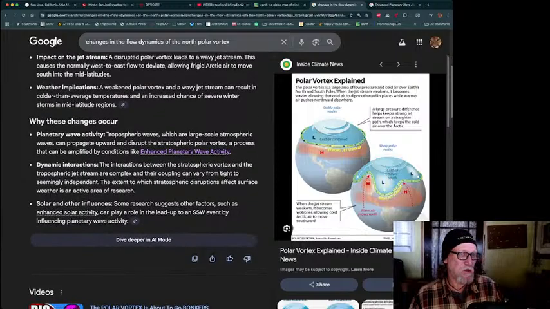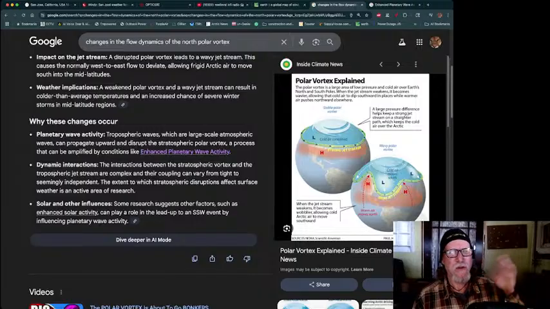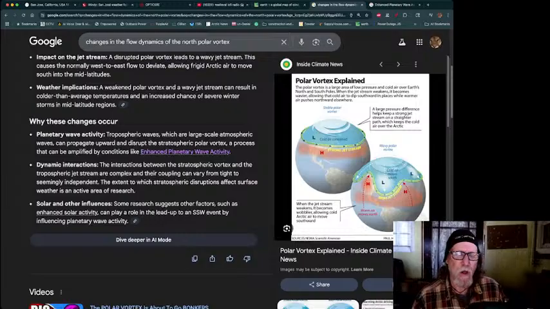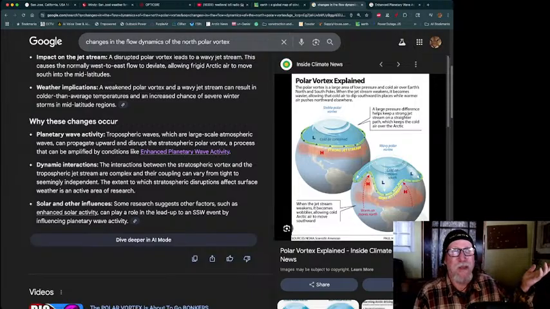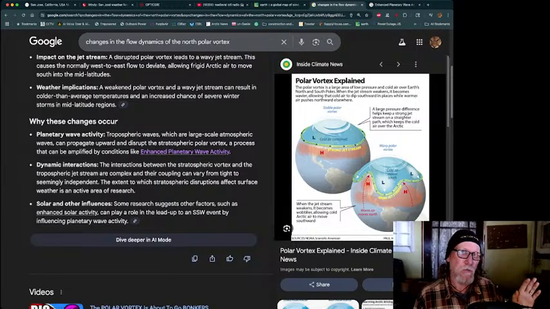Why these changes occur? Now this is science, right? Like I said, a few years ago this was not well developed, but things are moving along. Planetary wave activity. You can look this stuff up yourself. This is Google. I don't expect you to, but if you don't, that's fine. But you need to understand that this is what's happening to you.